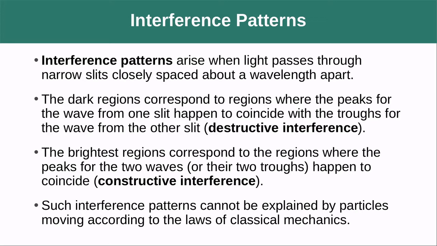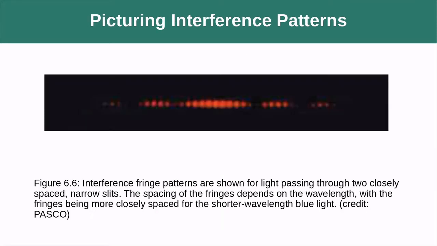Another option is that two troughs or two peaks come together and they add to each other. We get constructive interference, and we actually wind up with a spot that's brighter than even the initial lights were. Again, these are only really explained by the wave properties of light, and here we can picture an interference pattern.